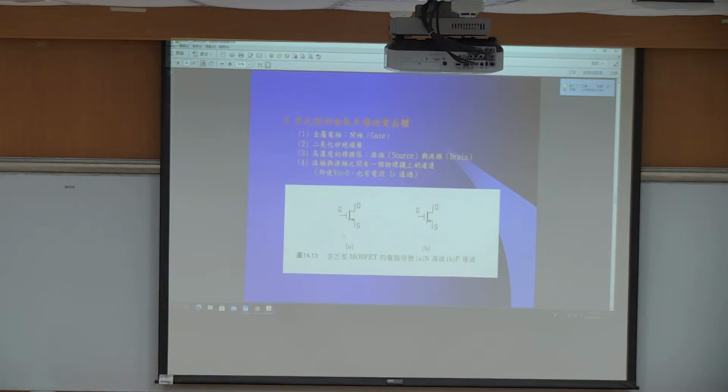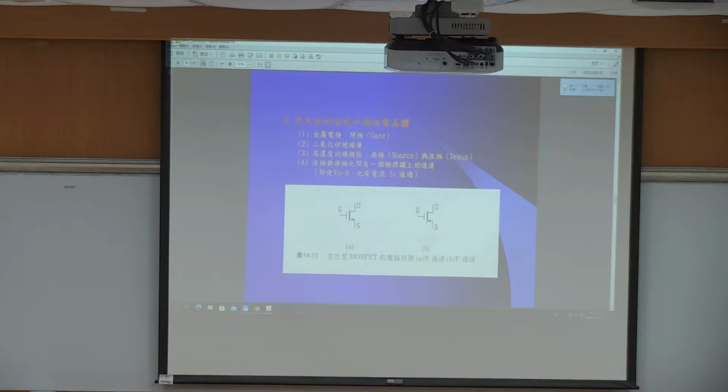This is the second part of the introduction. The device has a depletion type MOSFET. The depletion type MOSFET also has four different ports, but we don't see the body port in these two figures because the body port is always connected to ground.